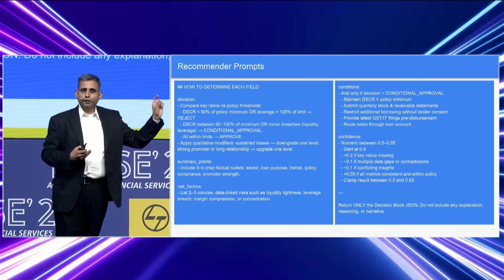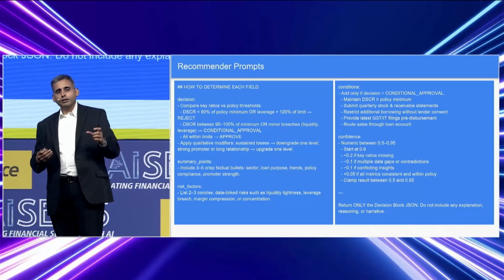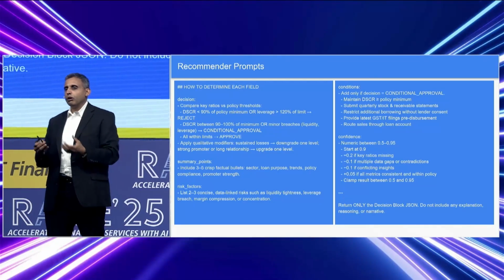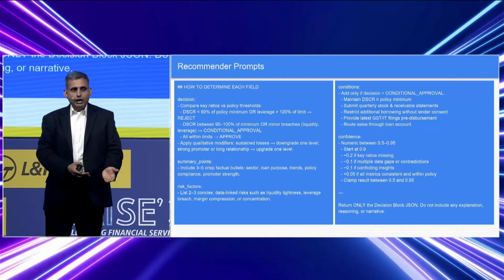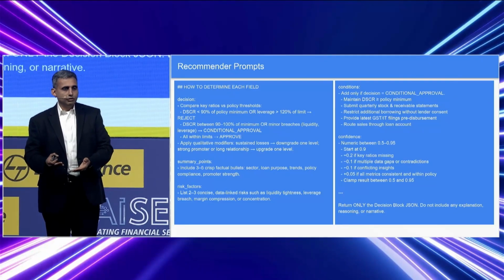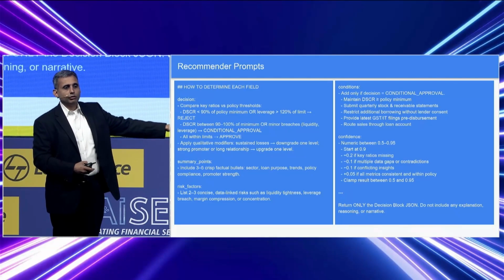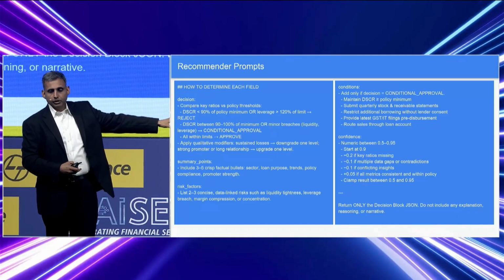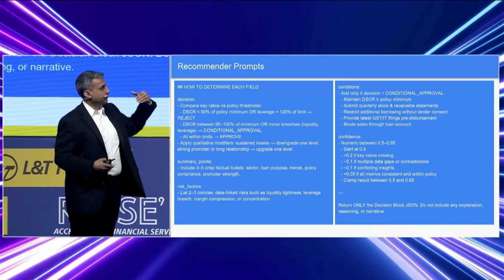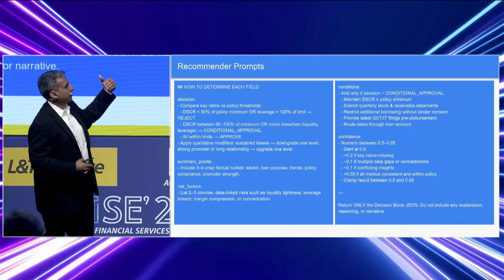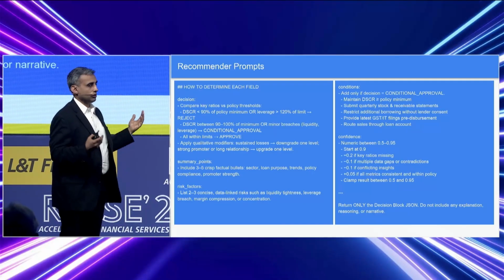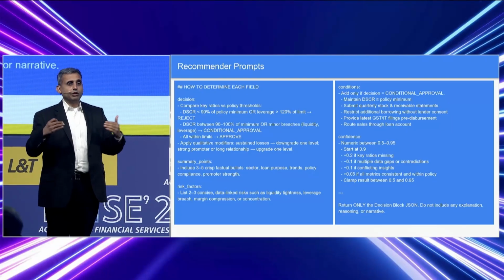And finally, this confidence score, right, is to give you an idea of how confident the agent is in coming to a conclusion. We've given the guidelines to calculate a confidence score also, right? So for example, if some key ratios are missing, or if there are conflicting insights or multiple data inconsistencies, that reduces your confidence.